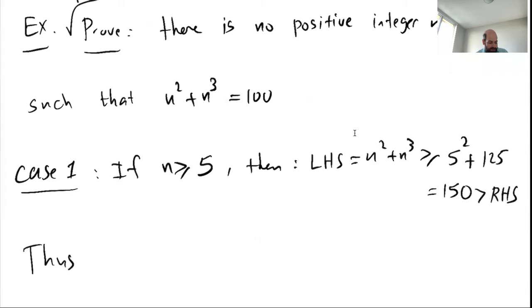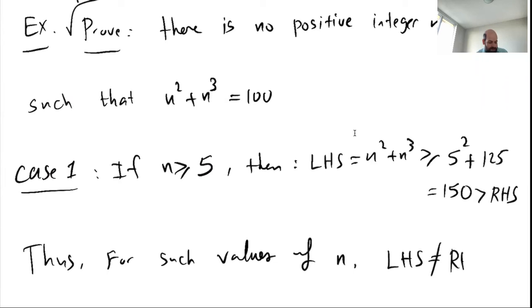Thus, for such values of n, the left-hand side will not be equal to the right-hand side. The right-hand side is 100, and 150 is bigger than 100. So for n bigger than or equal to 5, the left-hand side is for sure bigger than 100.